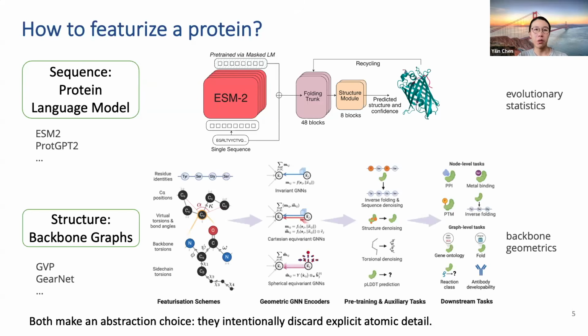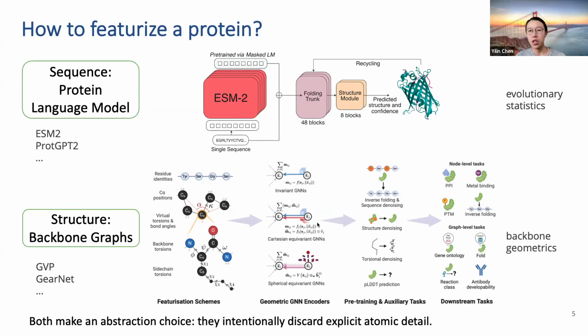The other modality that we have is structures. Currently, I think a lot of popular models are backbone graphs. The graph is a natural way to represent the molecular structure. However, the protein contains thousands of atoms, so people usually abstract it to graphs, maybe with some featurizations of the side chains, such as torsion angles.